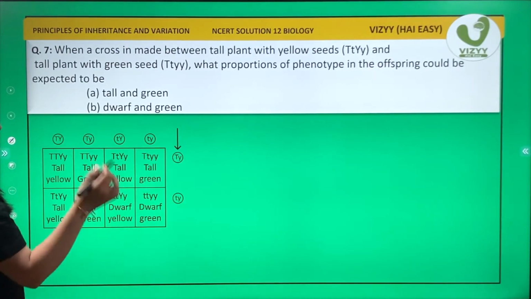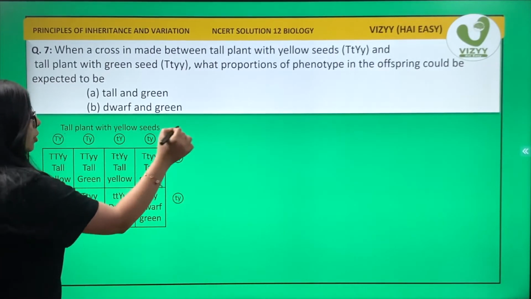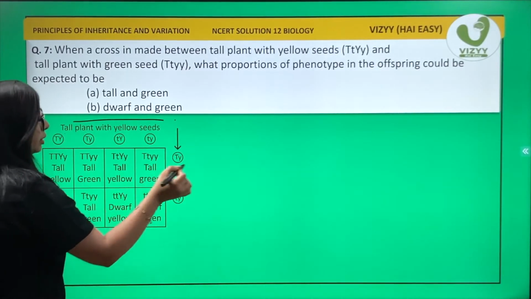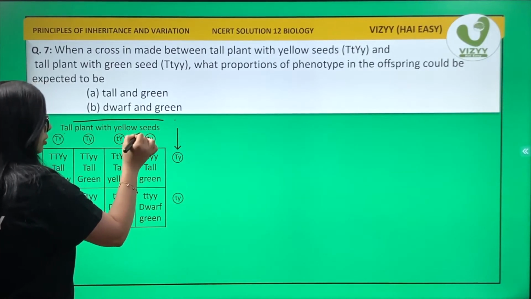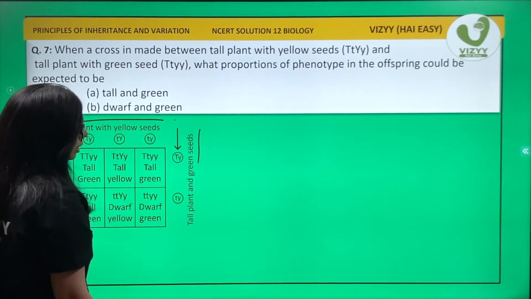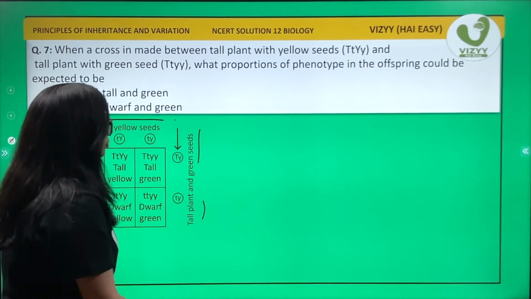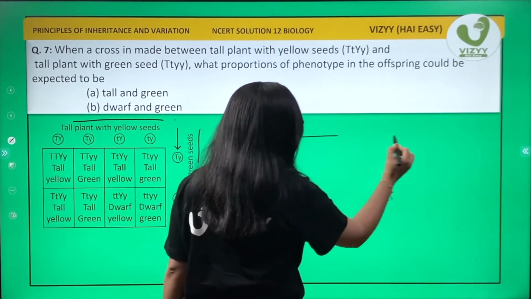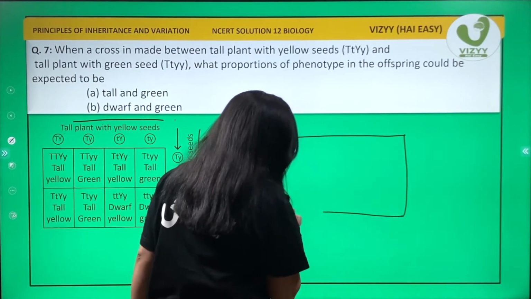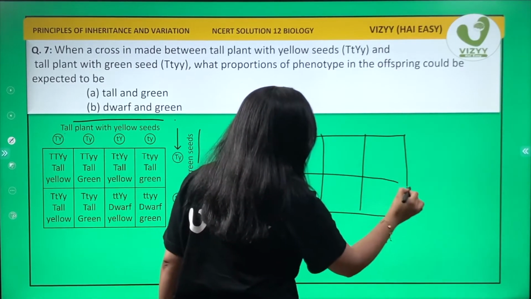So, now placing them in a Punnett square manner. This is the plant with yellow seed, which is tall, and the plant with green seeds. Okay, so let's start drawing. We've got 1, 2, 3, and 4 gametes.